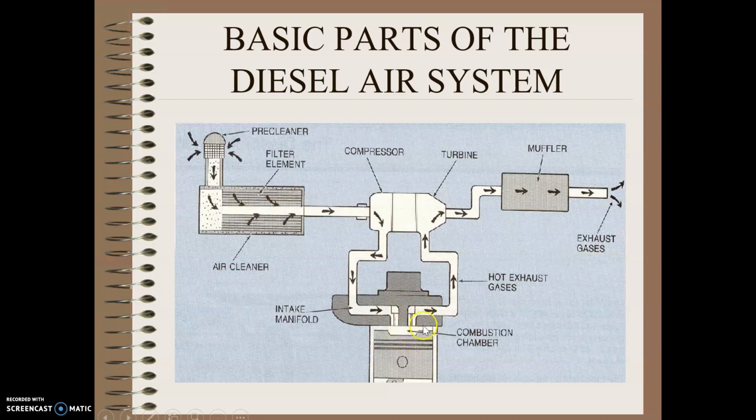Now, after each stroke, there will be exhaust gases that need to be expelled from the engine, and they're going to go out through the exhaust manifold and then typically through a muffler. Now, in this situation, we do have a turbocharger on this engine, okay, and basically the force of that exhaust going through the exhaust system is going to spin that turbine, which is then going to force more air in.